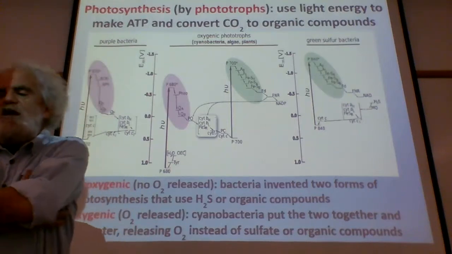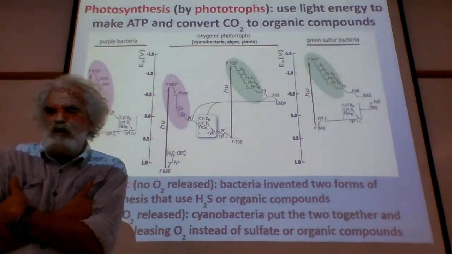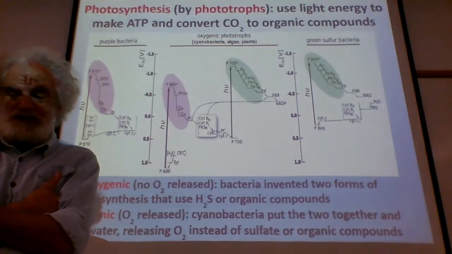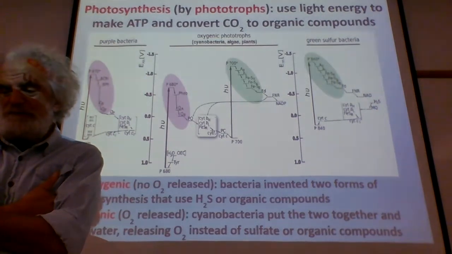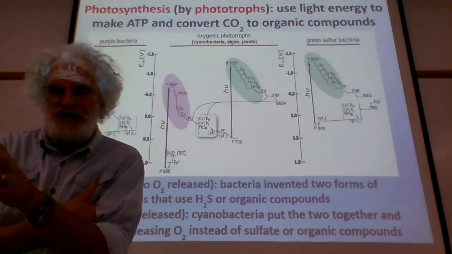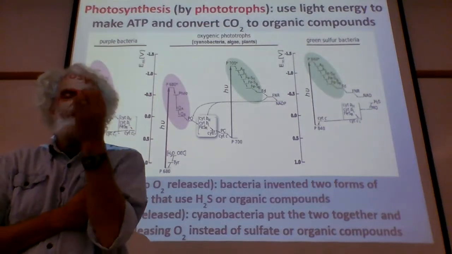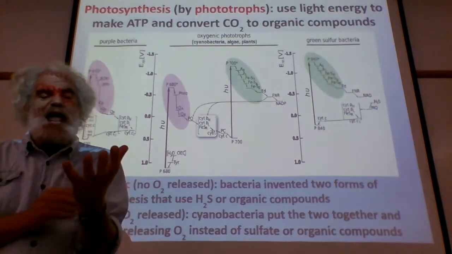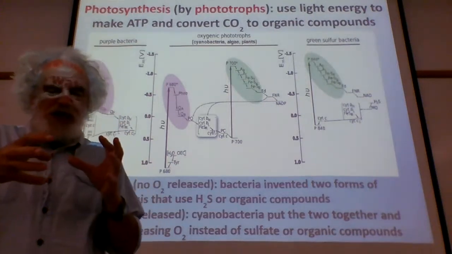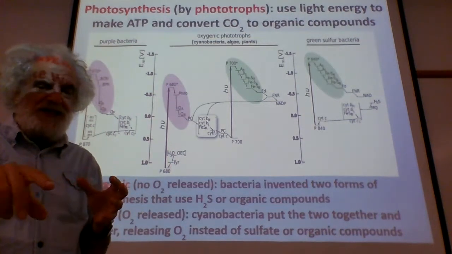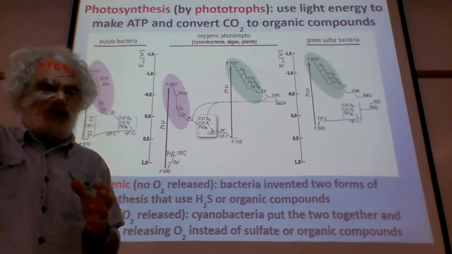Now, we're only going to take a moment to think about photosynthesis. It's actually a really cool mechanism in which we have pigments that are able to absorb light. And when these pigments are hit by light, an electron goes into a higher energy state.